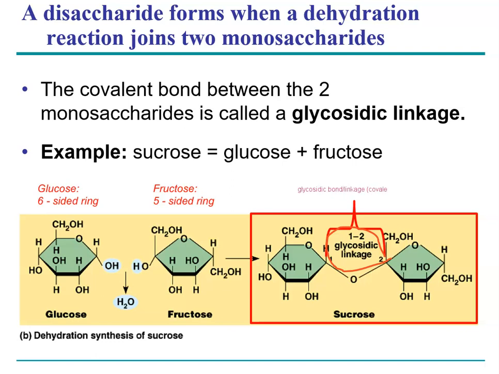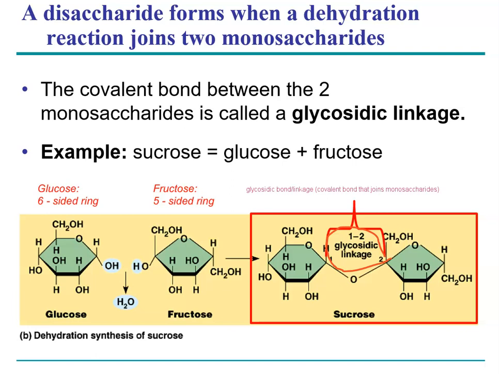This is a type of covalent bond that joins monosaccharides, because this could be in both a disaccharide or a polysaccharide. Sucrose is an example of a disaccharide. Another example is lactose, milk sugar.